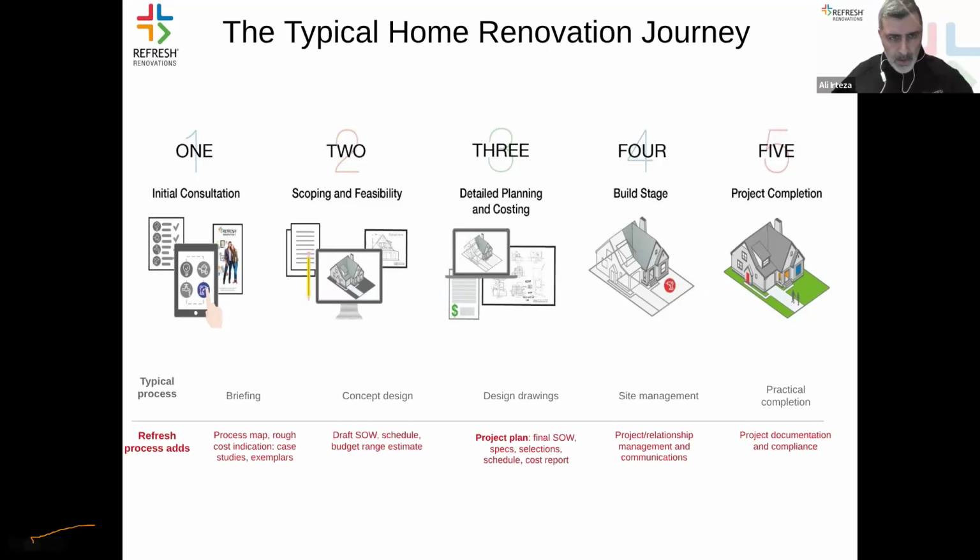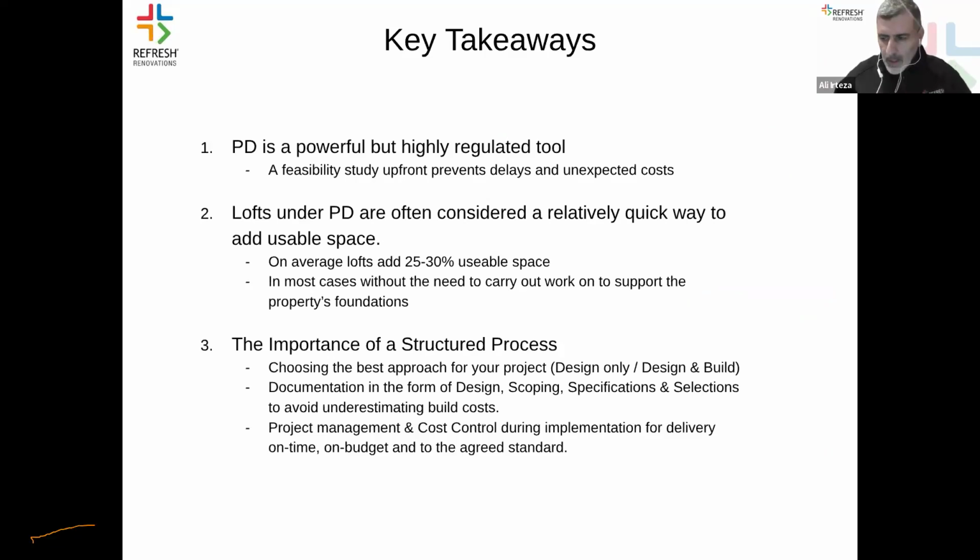Next slide. To sum up the discussion today, what are the key takeaways? Permitted development is a useful tool, but it's highly regulated. You really need to see whether this aligns with your project. Lofts under permitted development are considered a quick way to add usable space, and as Sam mentioned earlier, it adds value back to the property.